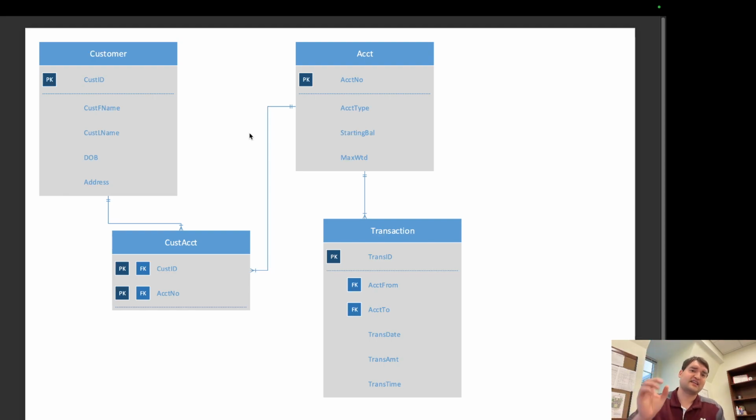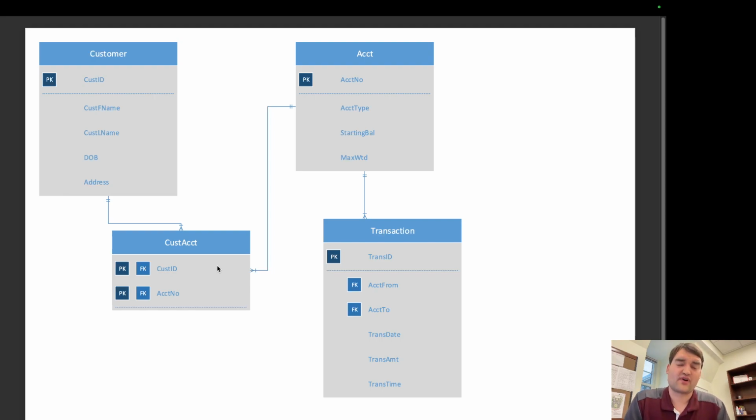It takes those attributes from those entities, the primary keys specifically, and those become the attributes of the associative entity. You'll notice that, for example, in this cust account entity, we're taking the cust ID attribute from customer and the account no attribute from the account entity. And those become the primary key of cust account.